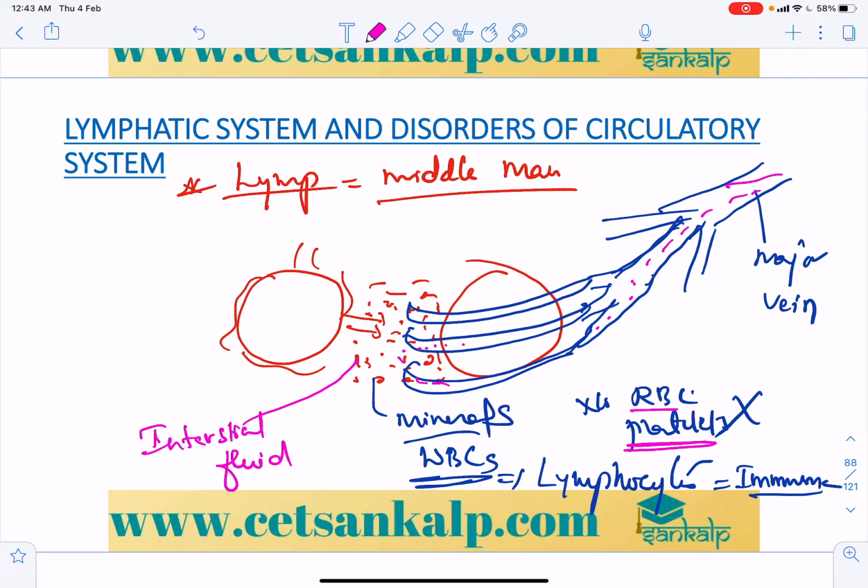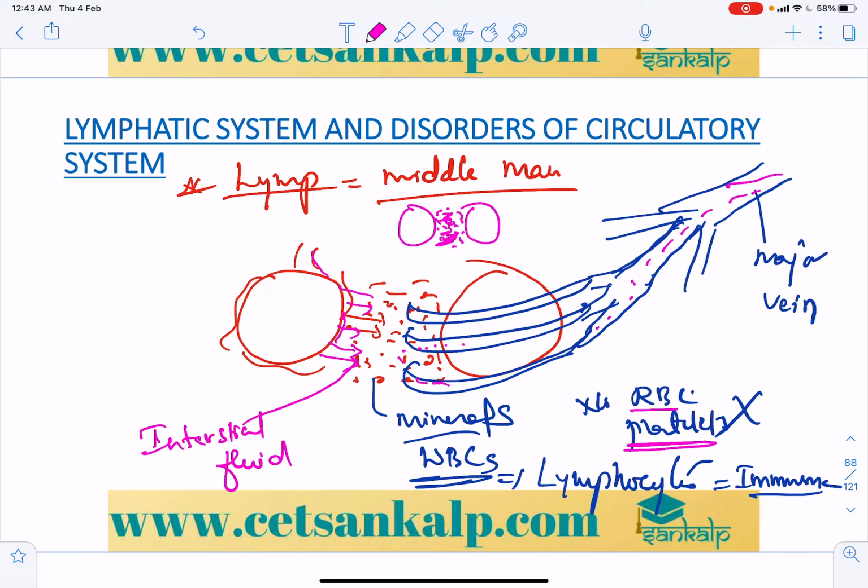The major role is helping in the exchange of nutrients and gases between the blood and the cell. When blood moves through the blood capillary, some amount may leak into the space between two cells, called the interstitial space, and the fluid that accumulates there is called interstitial fluid.